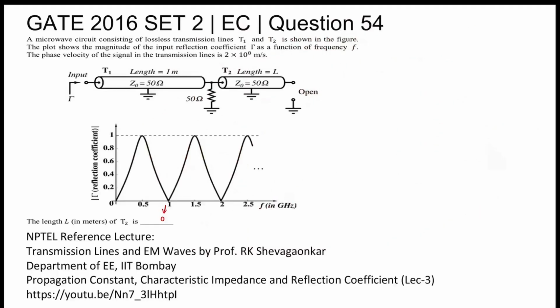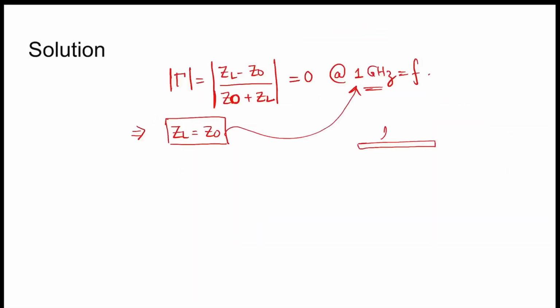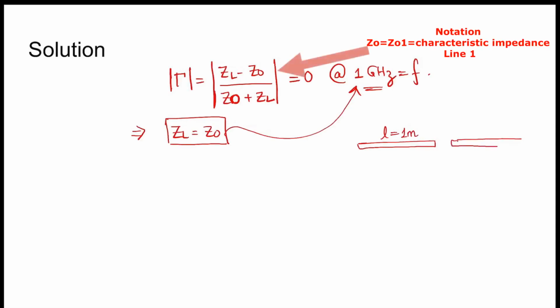Now you see we are drawing a simplified version of this transmission line. See this diagram in the given question. The first section of the transmission line is cascaded with the second section, with L1 equal to 1 meter and this length we don't know, let's say L2.